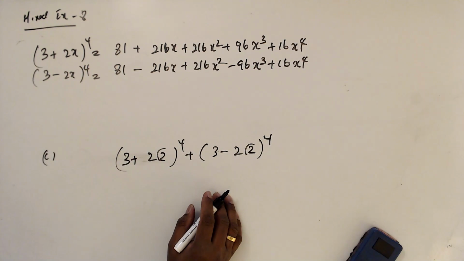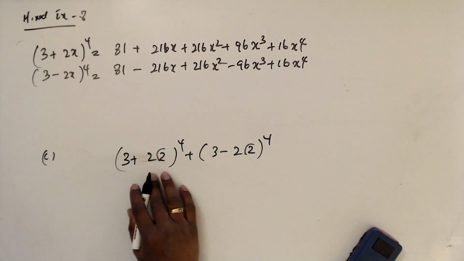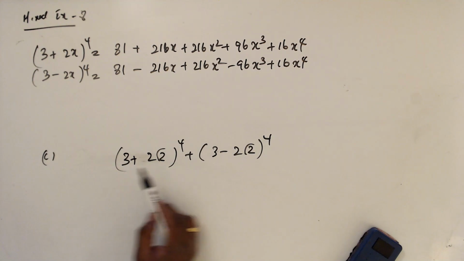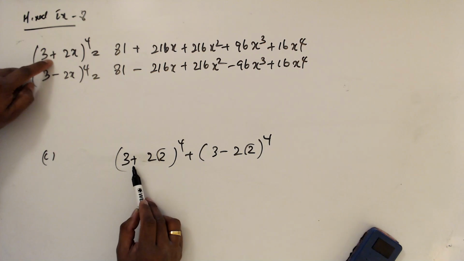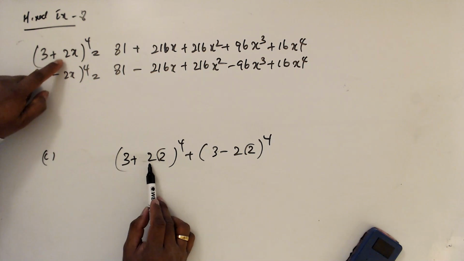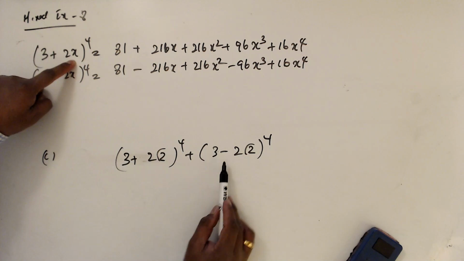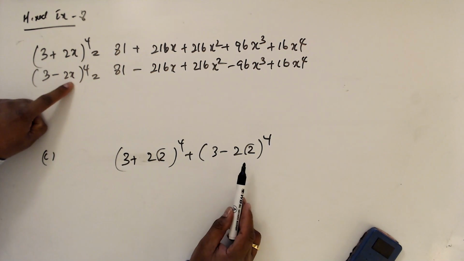Now part C, we want to find the addition of those two. Now when I look at this one, I will match it with this. This is 3 plus 2 square root 2. It means x has to be square root 2. And this one is 3 minus 2 square root 2.